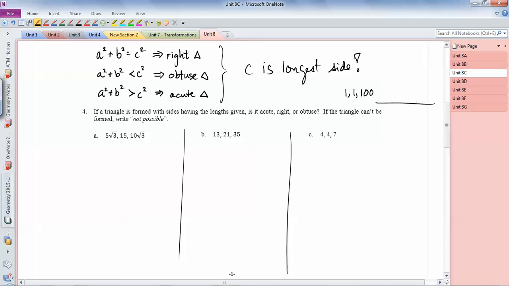Well, if you lay down that 100 first, there's no way to connect the ones. The key here, to figure out if it exists, I'll write this on the side. To see if a triangle exists, the sum of the shorter sides has to be bigger than the longest side.